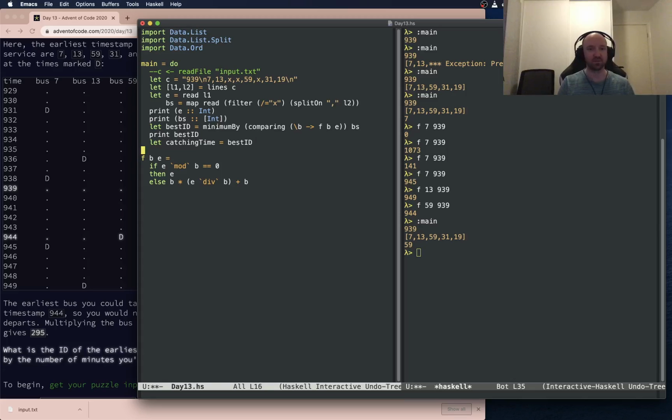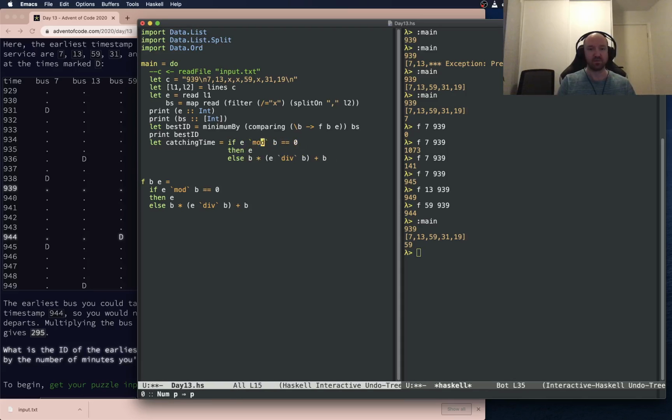I think we'll just do this again. It's pretty ugly, but we'll do it anyway. There is a nice formula for this that I can't remember. If E mod B is 0, so it's E mod best ID, then it's E. Otherwise, it's best ID times that, times that.